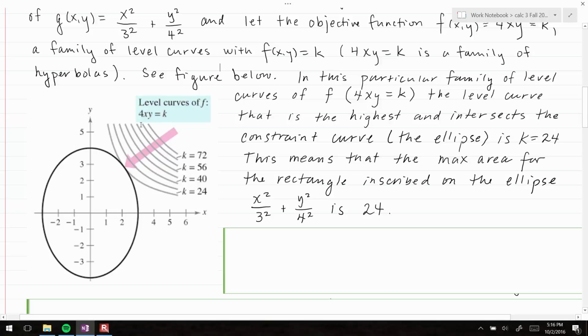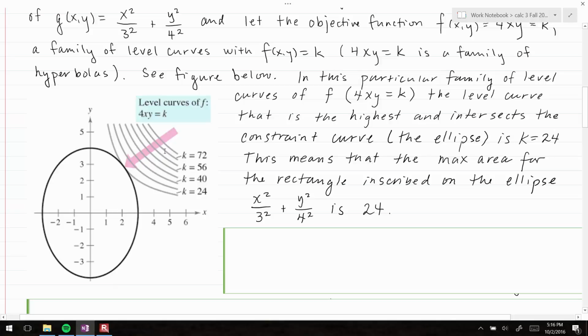The one with 72 looks like this, the one with 56 looks like this, and they are parts of hyperbolas. Really, what we're trying to do in this problem is find the maximum area. Under what conditions do we have this maximum area when the area defined by this family of hyperbolas is constrained to the ellipse that's shown here?